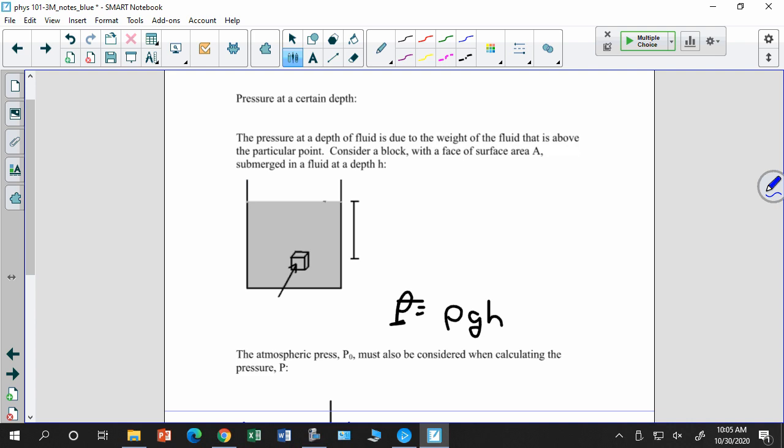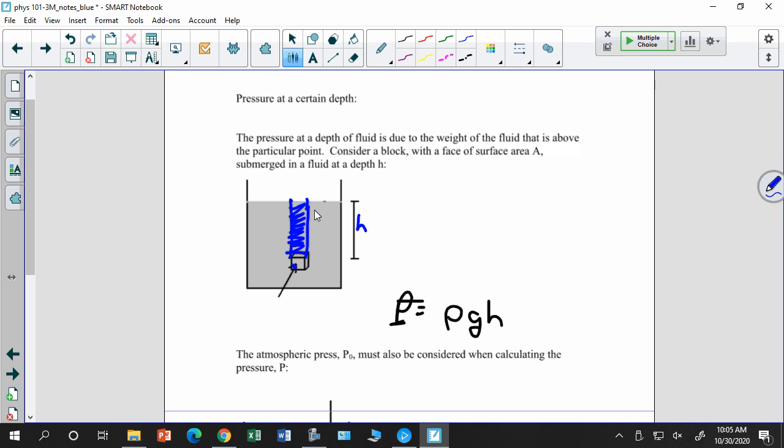If I have a point some depth below the surface of a liquid, I have this column of liquid that sits on top of that. Just like there's a column of gas that sits on top of these 1 square meter tiles that extends all the way up to space, I also have this column of water, or liquid, whatever it is, that sits on top of this.